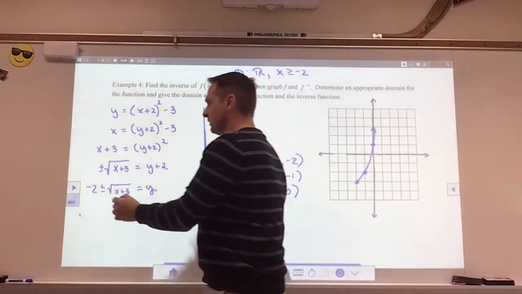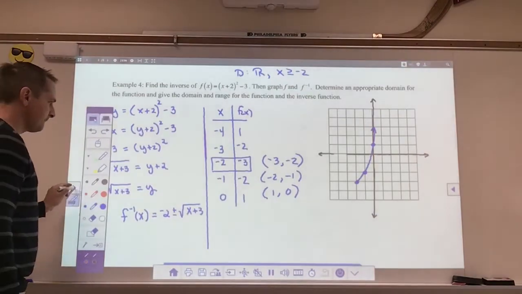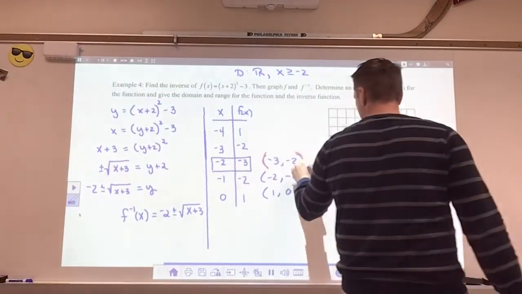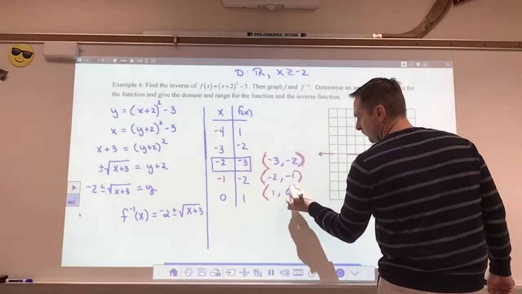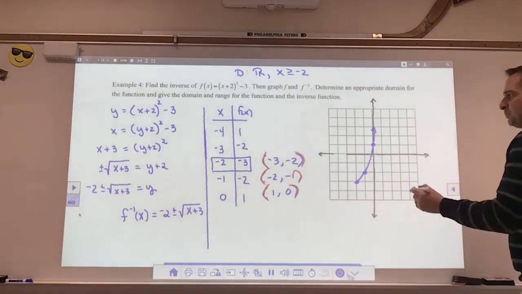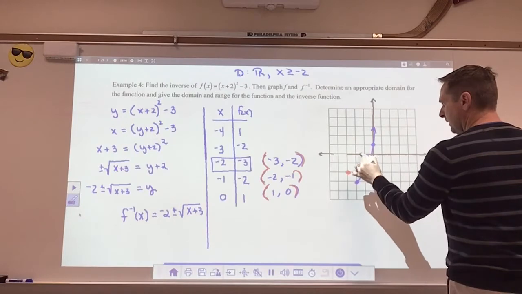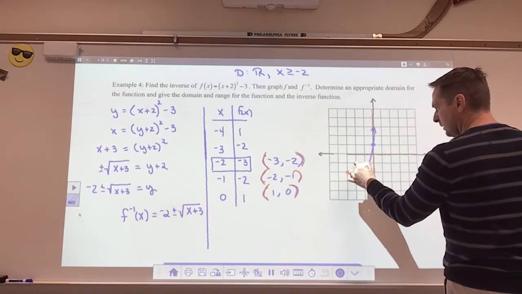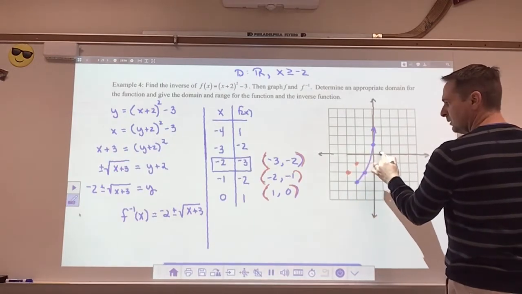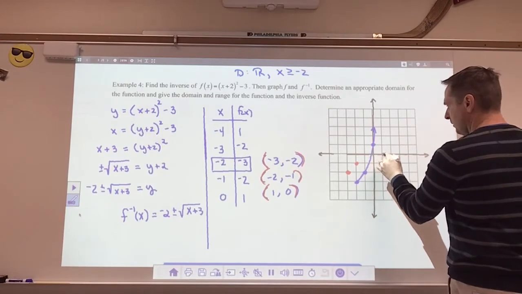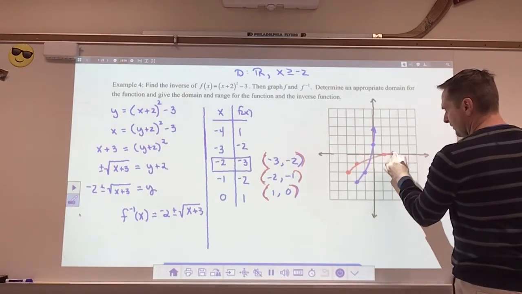And let me change colors here so we can see the difference. And when I put these points in, here's our reflection.